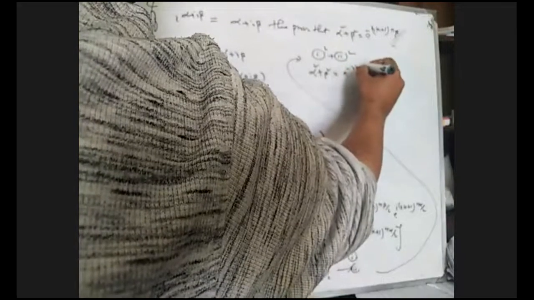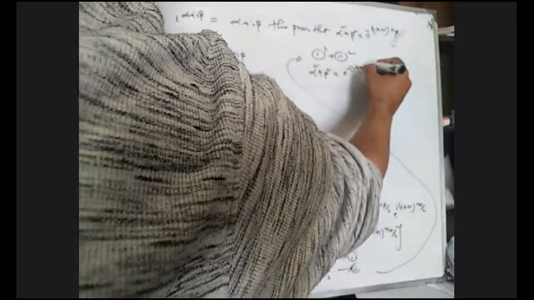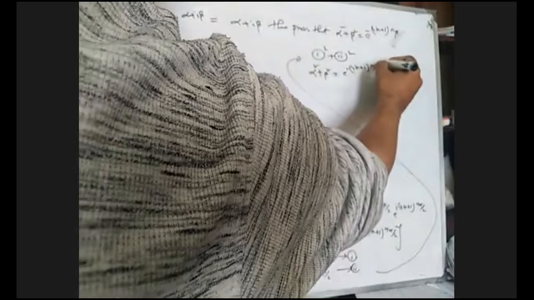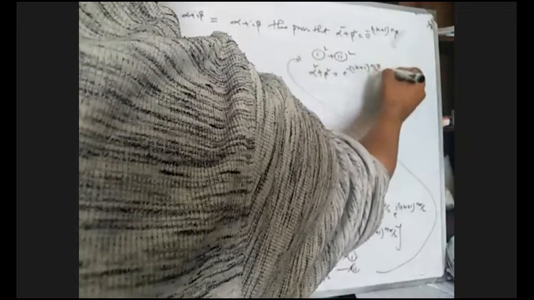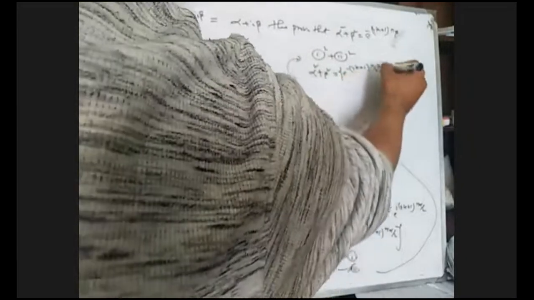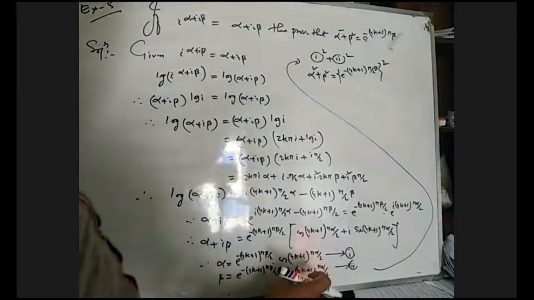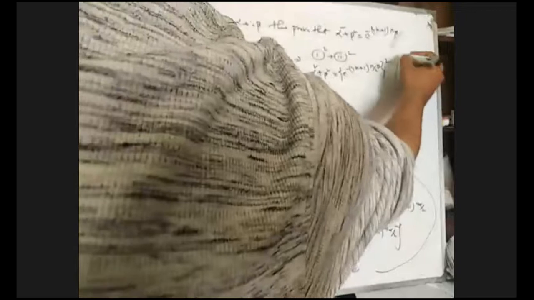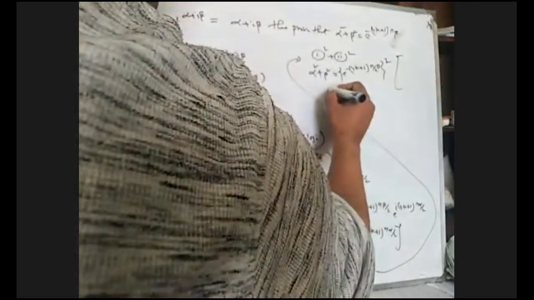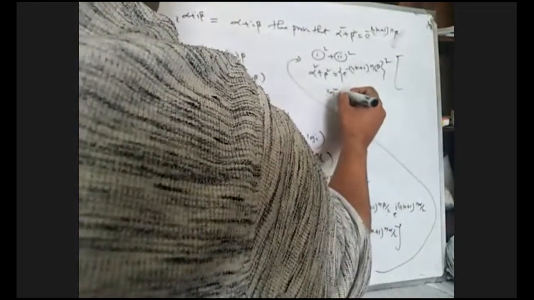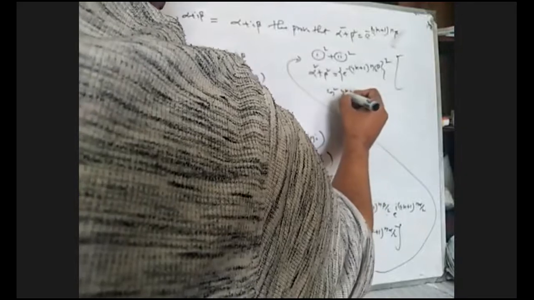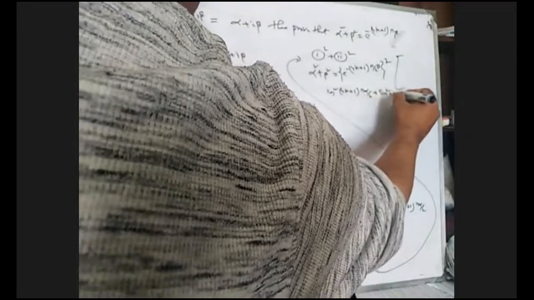E to the power minus (4k plus 1) pi by 2 into beta, this whole square, and the cos square theta plus sin square theta formula.